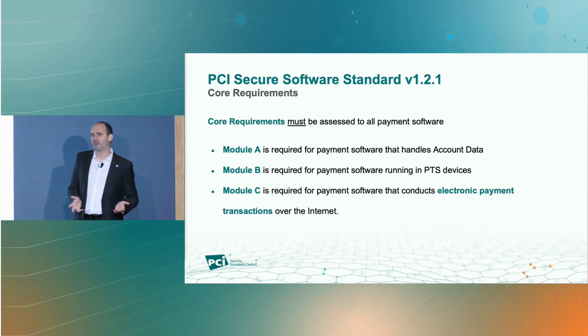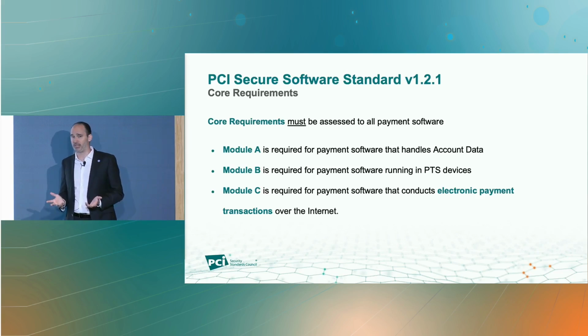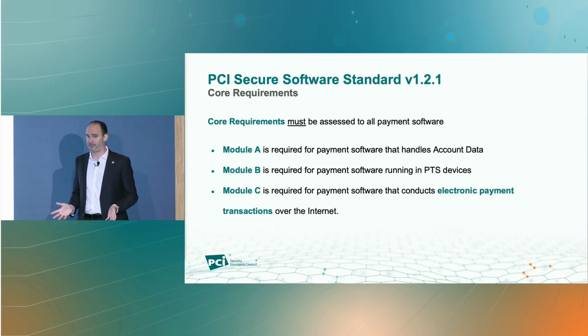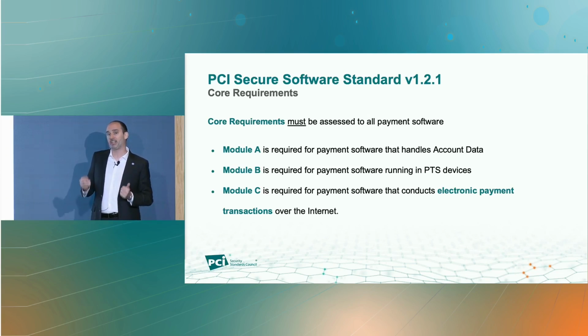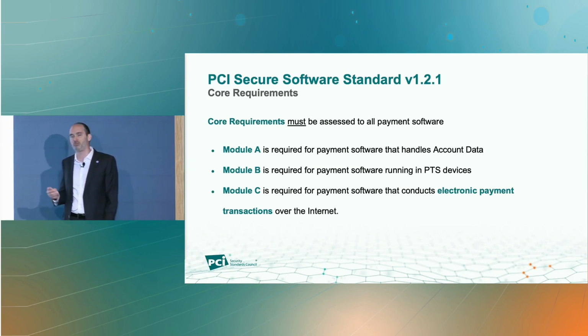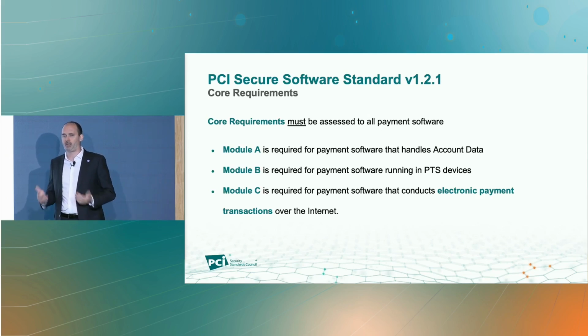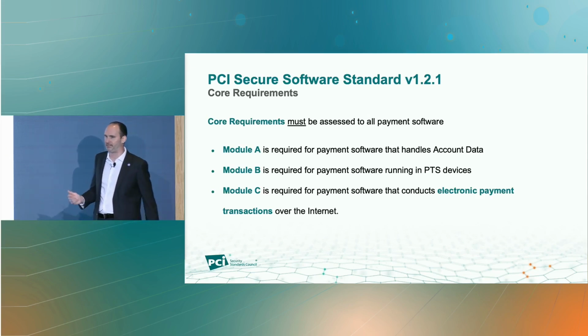If the software handles account data, of course, it will require validation against Module A. If the software is designed to run on a PTS device, it will cover Module B. And if the software facilitates electronic payment transactions over the internet, then it will have to be validated against Module C.